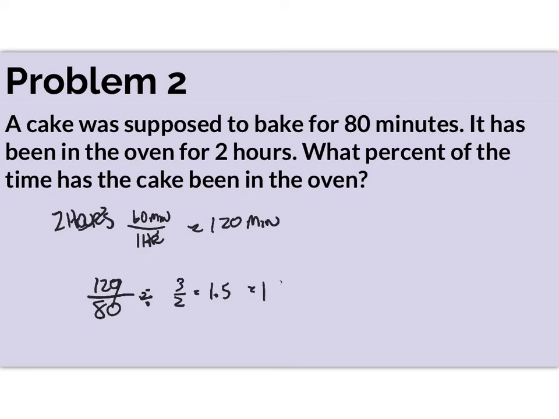I'm making mistakes here. Multiplying by 100 gives us 150%. And the cake's been in the oven for a long time. It's going to be hard as a brick.